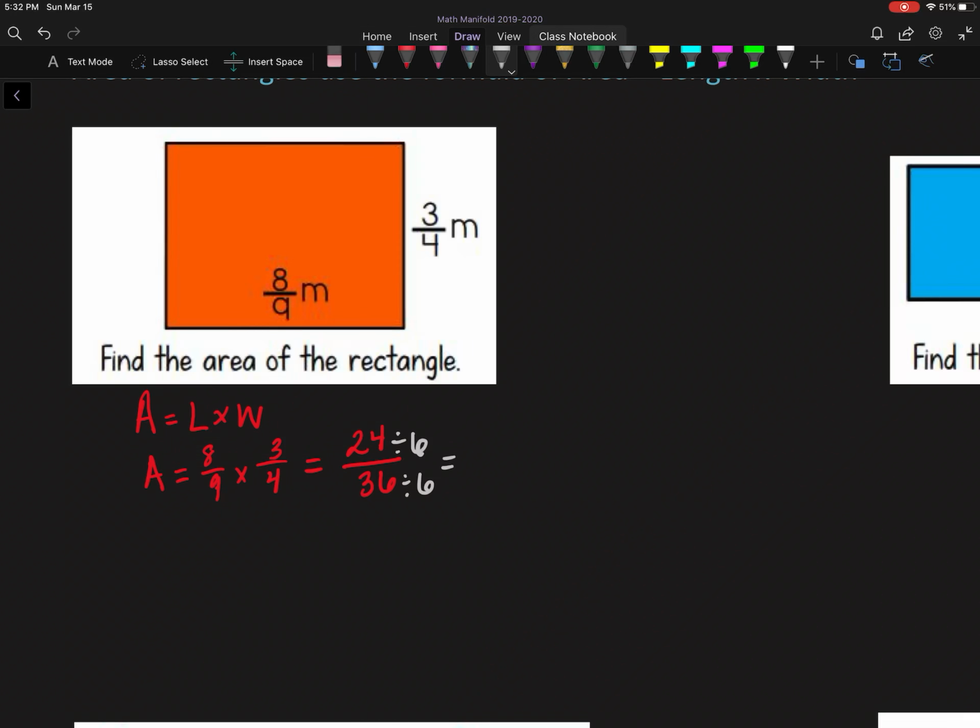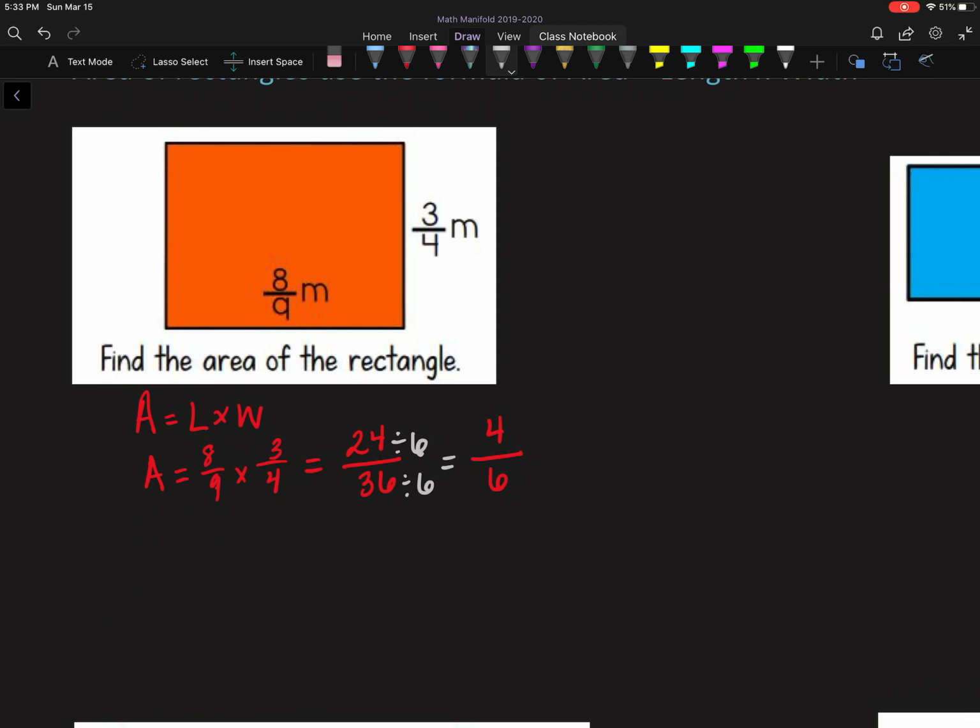It's okay if you want to start off knowing that they're both even, and so dividing by 2, but keep looking to see if they have something else in common. When you go to enter it into Canvas, it should be in simplest form. So 24 divided by 6 is 4, and then 36 divided by 6 is 6.